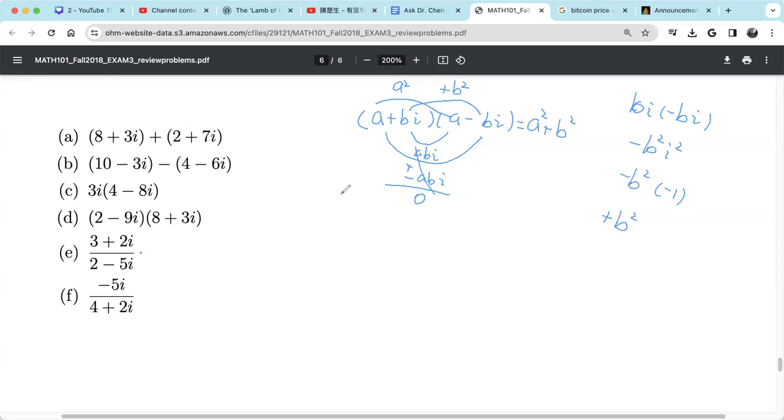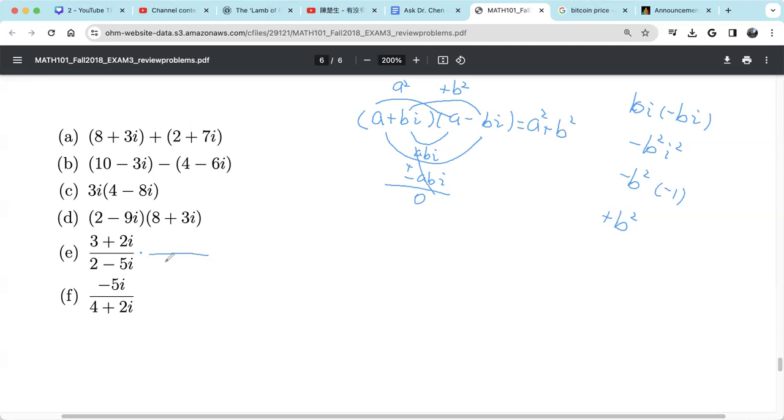We can factor a sum of two squares. In the real number world, we're not able to do this. We're only able to factor a difference of two squares. But in complex numbers, we're able to factor a sum of two squares. So we use this property: a squared plus b squared equals a plus bi times a minus bi.